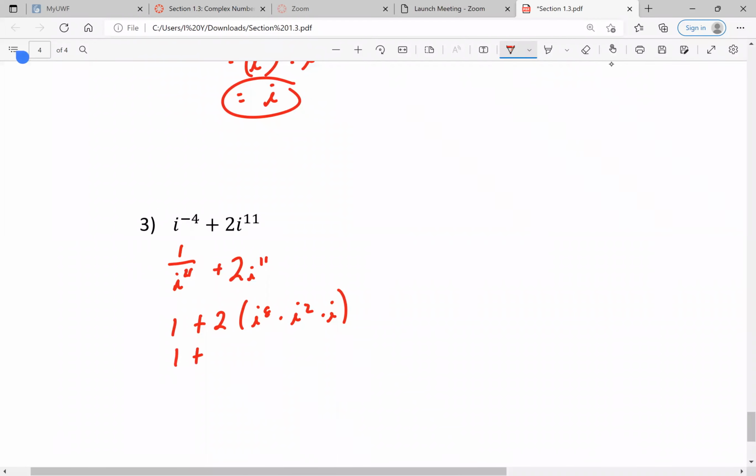I have 1 plus 2 times i to the 8th, which is i to the 4th squared, times i squared is -1, times i. This is simply 1, so I have 1 plus 2 times negative i, which would be 1 minus 2i.